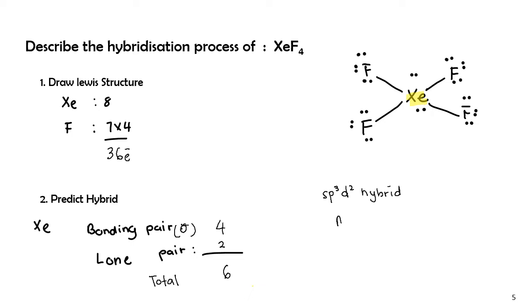And this one will be for its electron pair geometry, AB6, and this will adopt the geometry of octahedral.